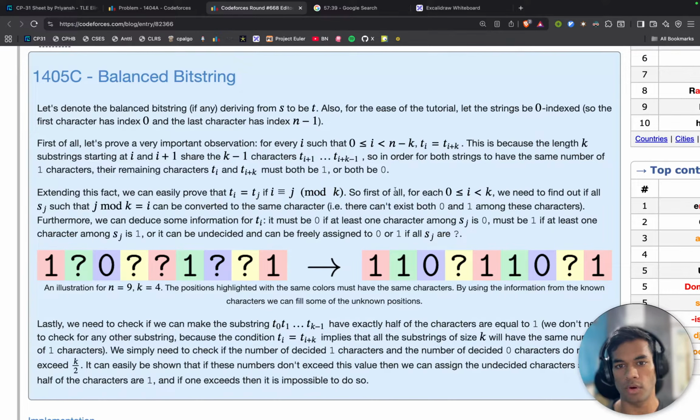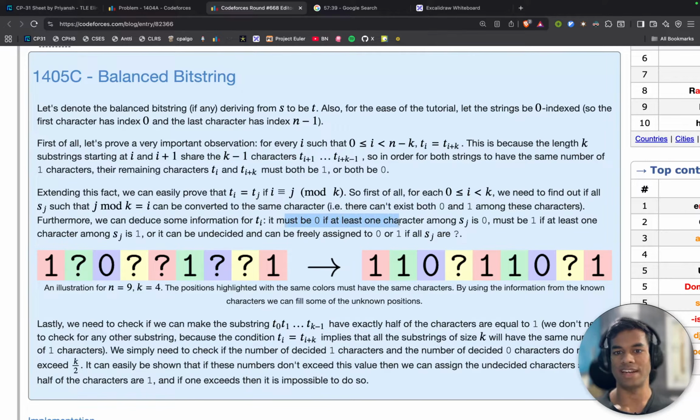So first of all, for each i between 0 and k, where k is not included and 0 is included, we need to find out if all Sj such that the modulus is the same can be converted to the same character. There cannot exist both 0 and 1 among these characters. Furthermore, we can deduce some information for i.